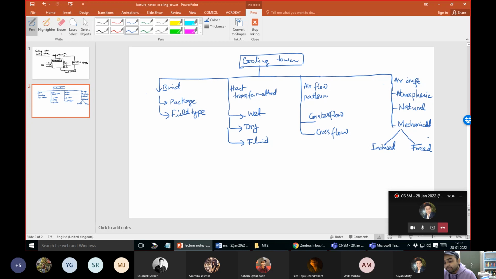Moreover, there is one other important thing which also happens: as the water gets continuously evaporated, the suspended solids or the dissolved solids that are present in the water will also get concentrated due to this process, right? And that is particularly a limitation, because that will lead to fouling and scaling of the different heat transfer equipments.